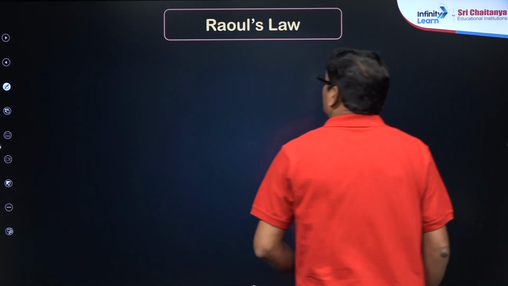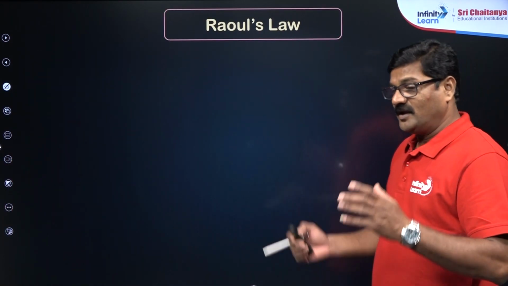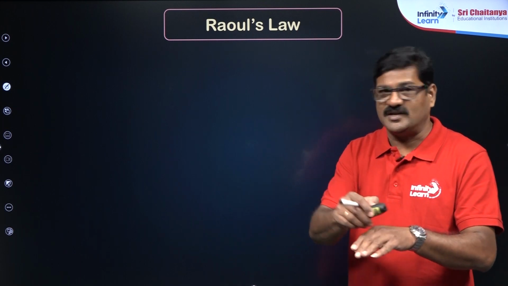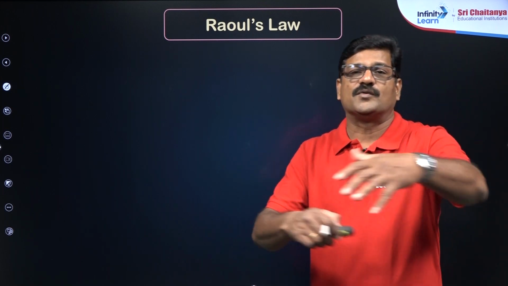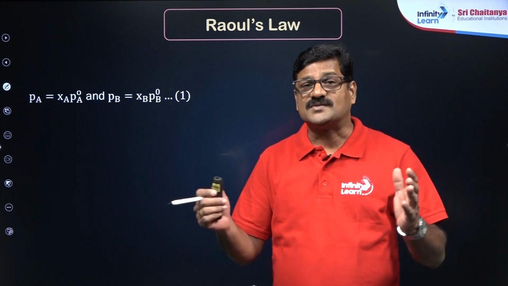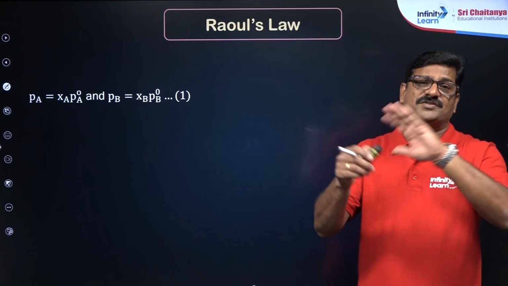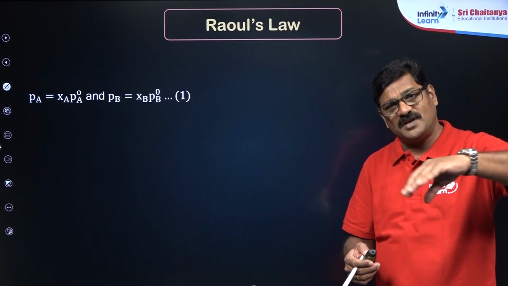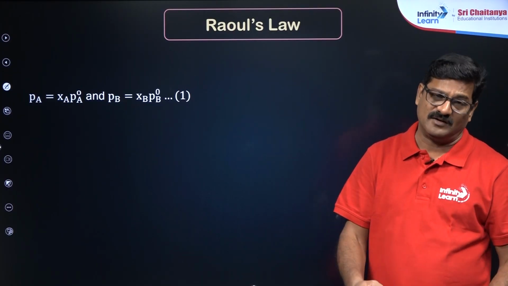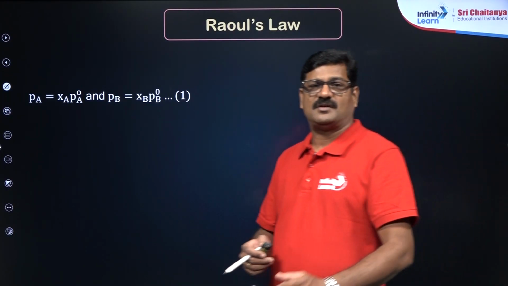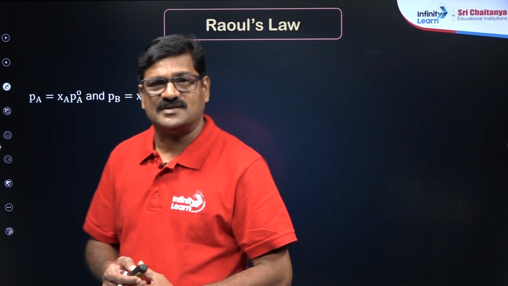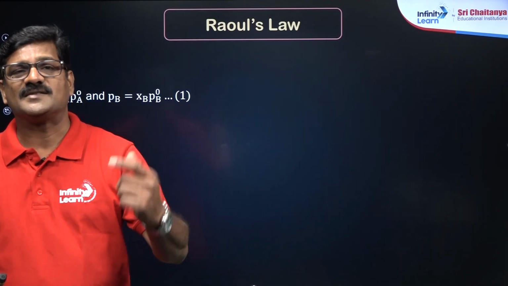Talking about Raoult's law, when liquid A and liquid B are mixed, they form a solution. When this solution is formed, it is going to have a pressure, which includes the partial pressure of A and the partial pressure of B, and the partial pressure of a liquid component is directly proportional to its mole fraction.